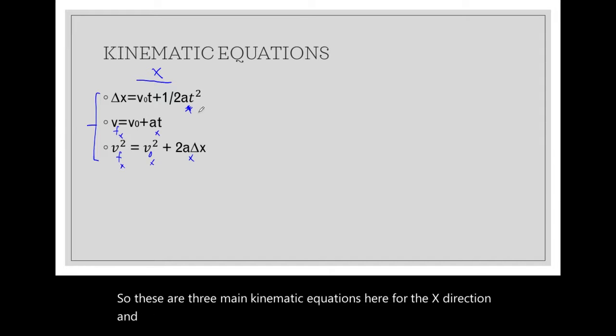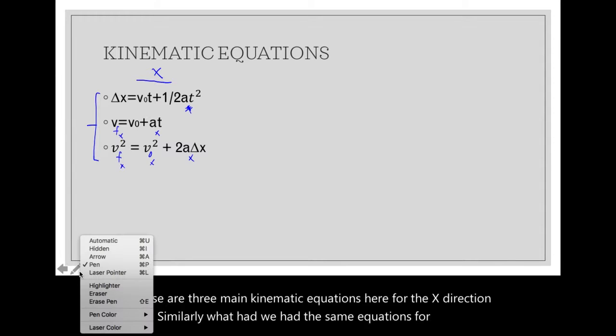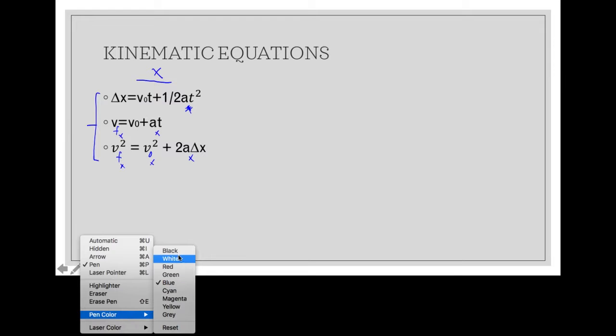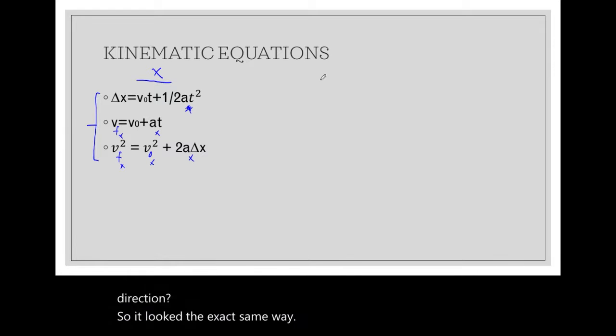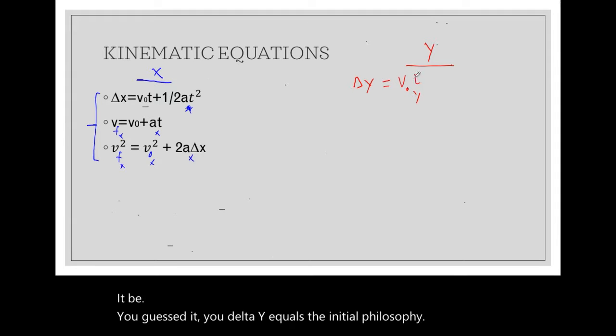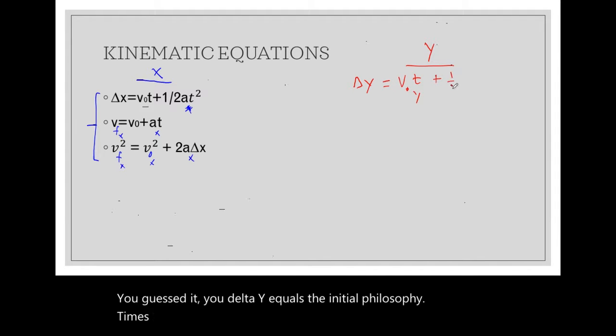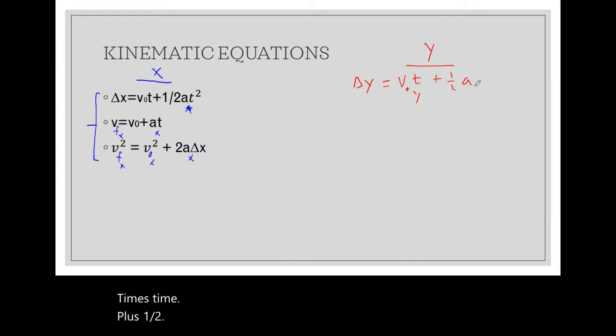Similarly, we'd have these same equations for the y direction. It would look exactly the same, except with the y. For the y direction, you guessed it, y equals the initial velocity in the y direction times time plus 1/2 acceleration in the y direction times time squared, and so on.